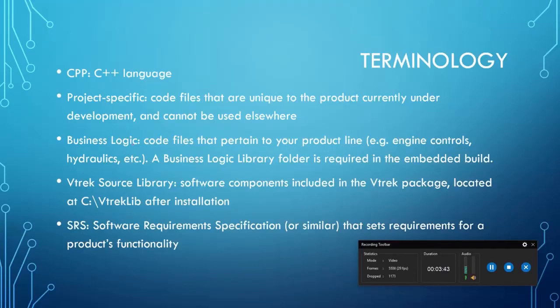When we talk about business logic, these are files that you'll create once you start using Vtrek, and they will coincide with blocks of functionality that you typically use in your product line. So if your product line is engine controls or hydraulics or whatever, you'll be developing a library of source code that's configurable and reusable that you can use on future projects with just configuration changes, as opposed to having to tweak code every time you get onto a different project.